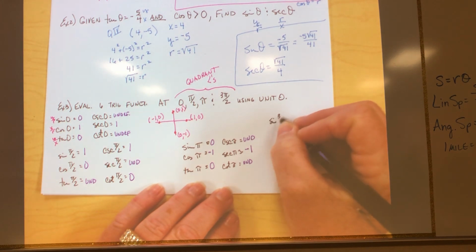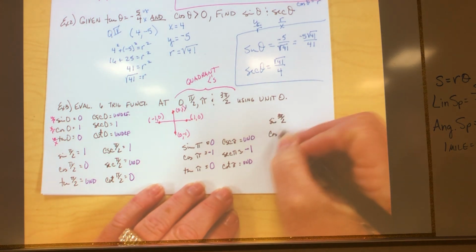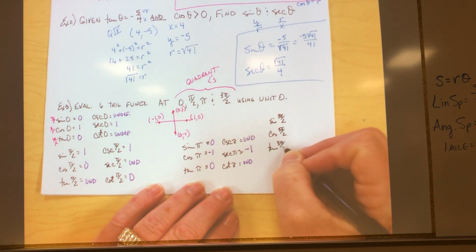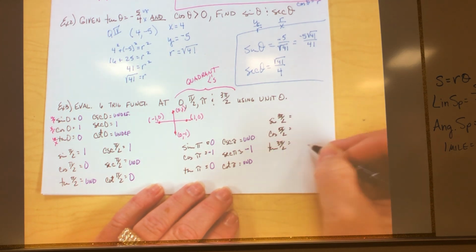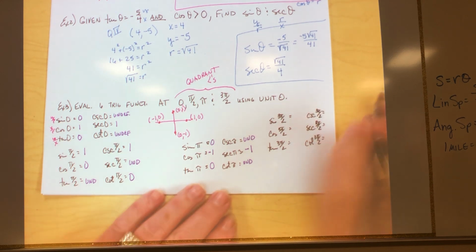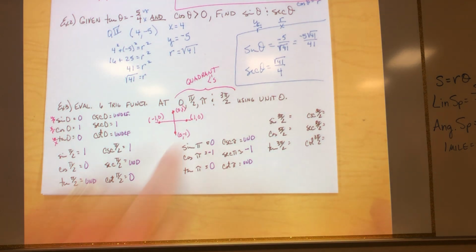The sine of 3 pi over 2, the cosine of 3 pi over 2, the tangent of 3 pi over 2, the cotangent 3 pi over 2, the secant 3 pi over 2, and the cosecant. Okay? So, now I'm down here.